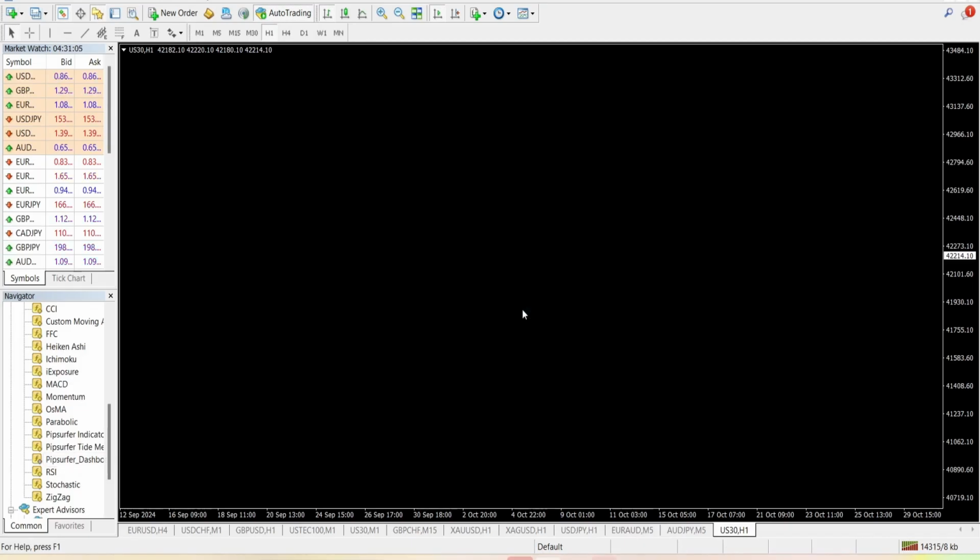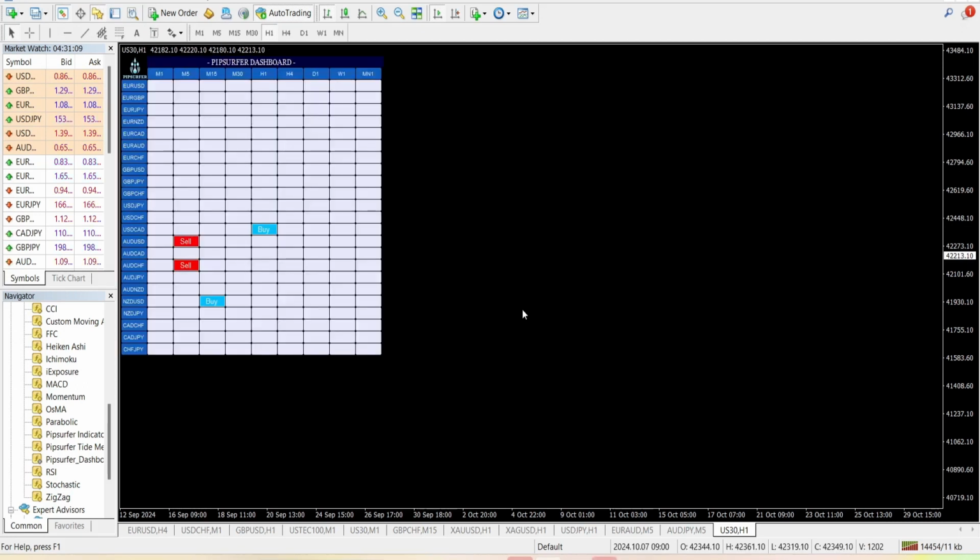Now the Pipsurfer Dashboard is going to give you kind of a heat map of where entries are happening in the market. That way, and this is about being efficient, you don't have to siphon through each and every pair manually to see if there's an entry.